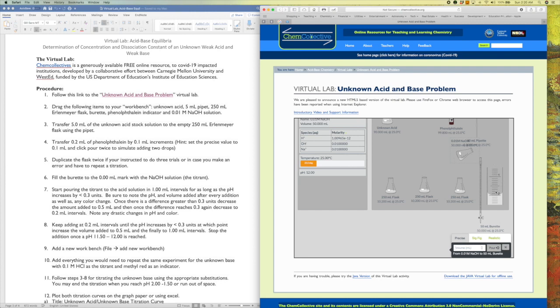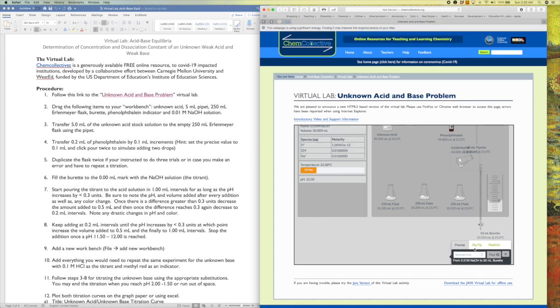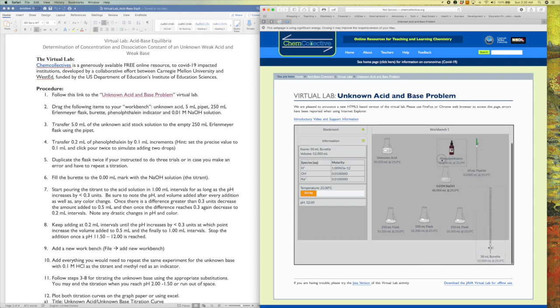What we actually need is 2 more milliliters to get to that 0 mark. So I'm going to add another 2 ml. And when I do that, you see that I am now at the 0 mark, right? And so I can now remove this.